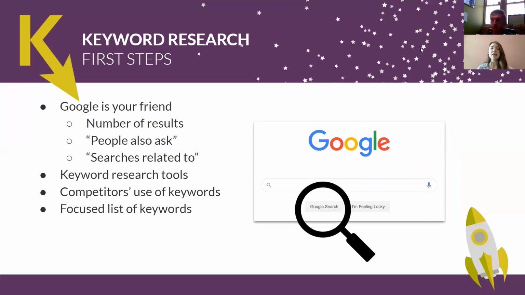So I will be handing it off to Erin to get started. Yeah, absolutely. So first thing we're going to do is talk a little bit about keyword research. And like Spencer said, this is just a high level overview of keyword research, but you really can't talk about optimizing pages and SEO without talking about keywords. So really what I have here is just outlined some initial first steps for you that are really easy, to just get the lay of the land in terms of keywords.